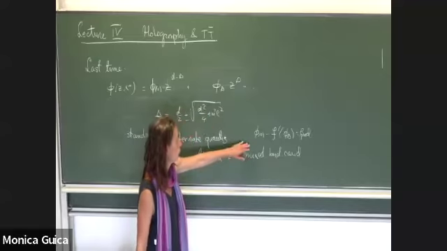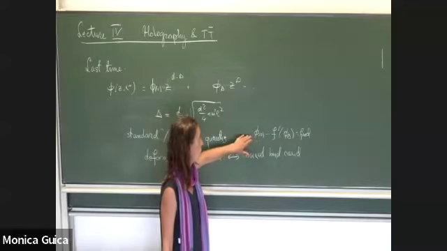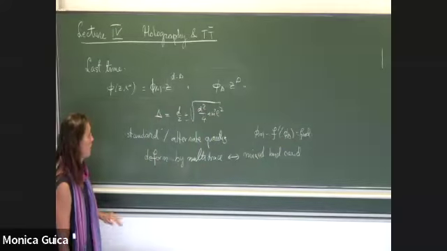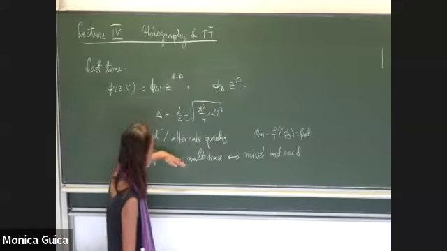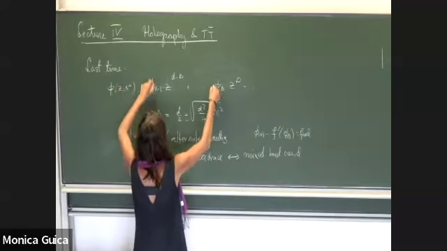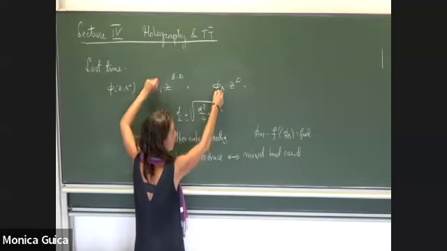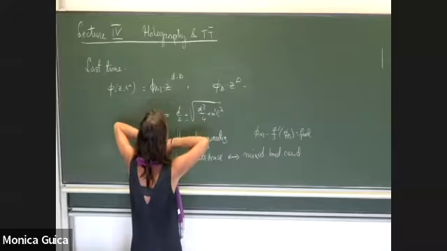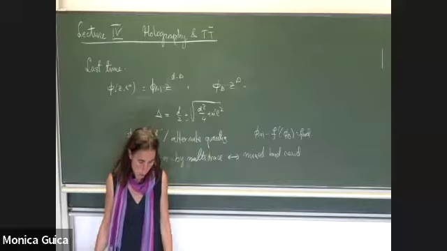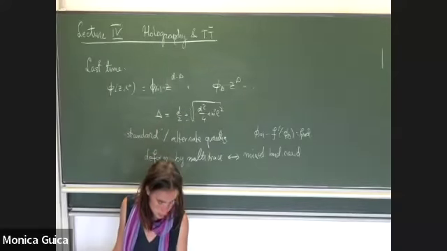For double trace, you're going to fix a linear combination of the original source and vev. So deforming the CFT action by multi-trace is basically imposing a boundary condition where both of these coefficients can fluctuate, however this particular linear combination is fixed. Okay, so this is what we did last time.